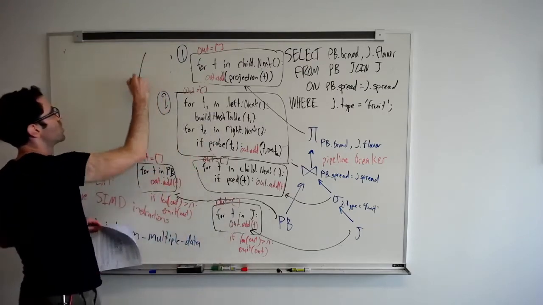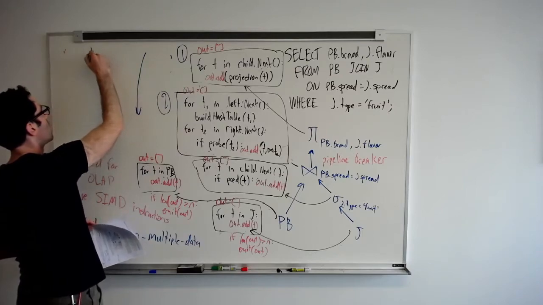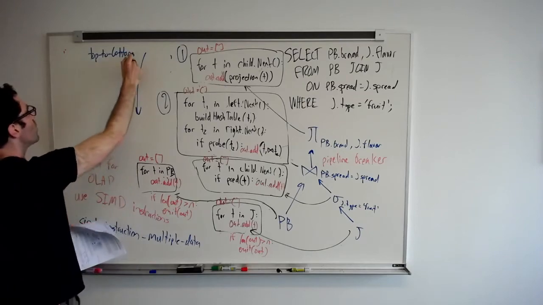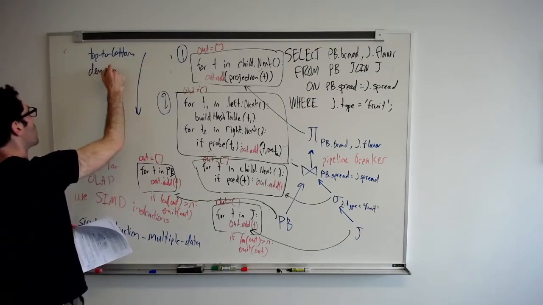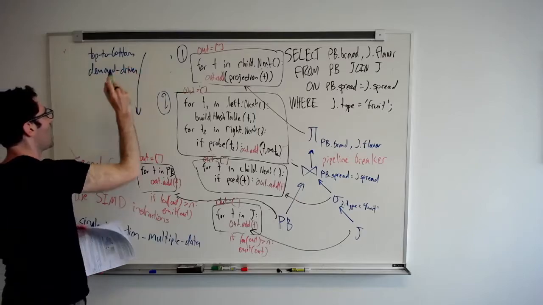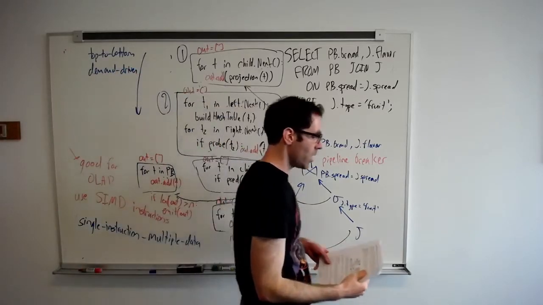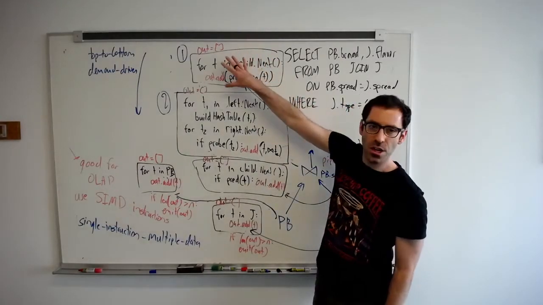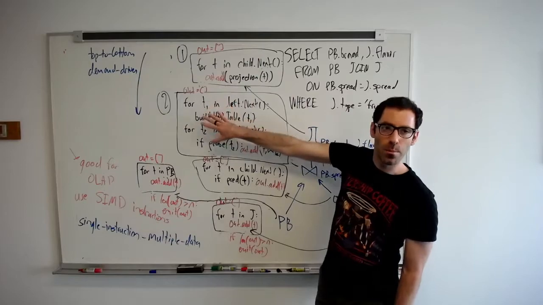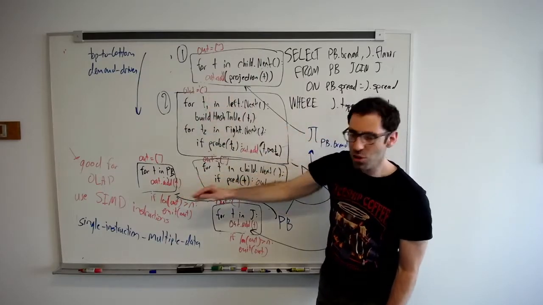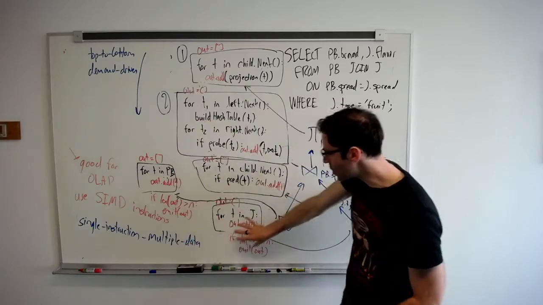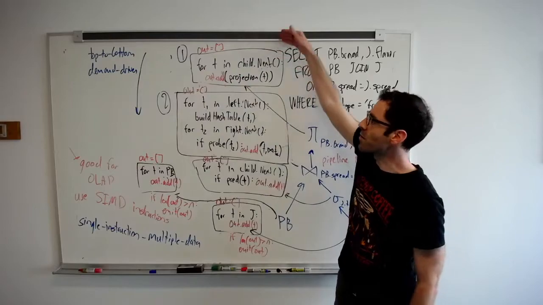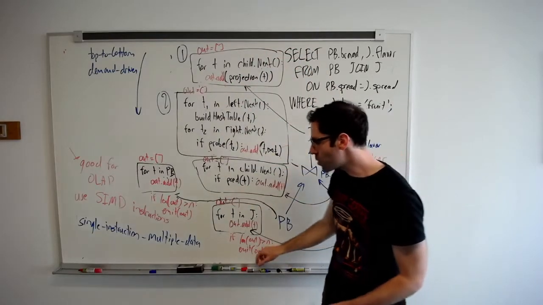This is what you would call a top to bottom, or the textbook calls this a demand-driven query execution, where we start at the top, the root node demands input from its child, which demands input from its child, and these next calls go down into our tables, and then data propagates back up. So this is a top to bottom approach.